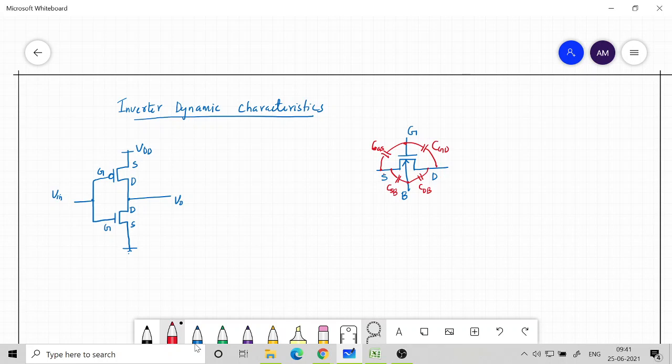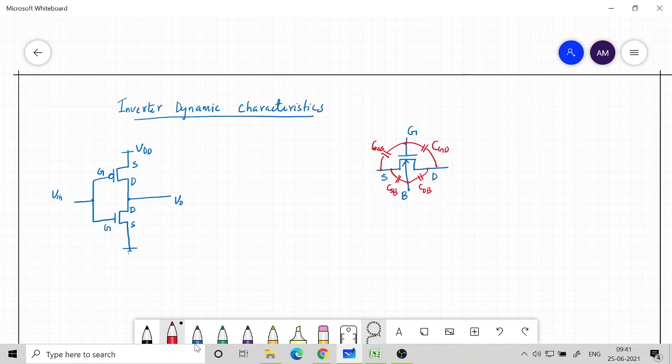We can simplify these capacitors by taking all the capacitors connected to the drain terminal, combining them, and then assuming those capacitors are connected to ground.